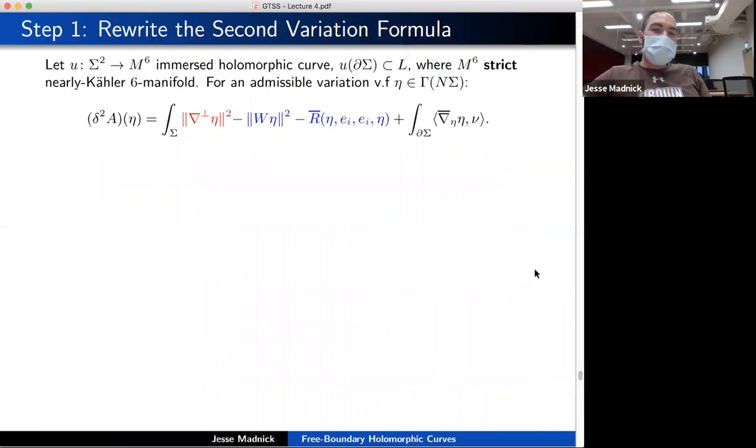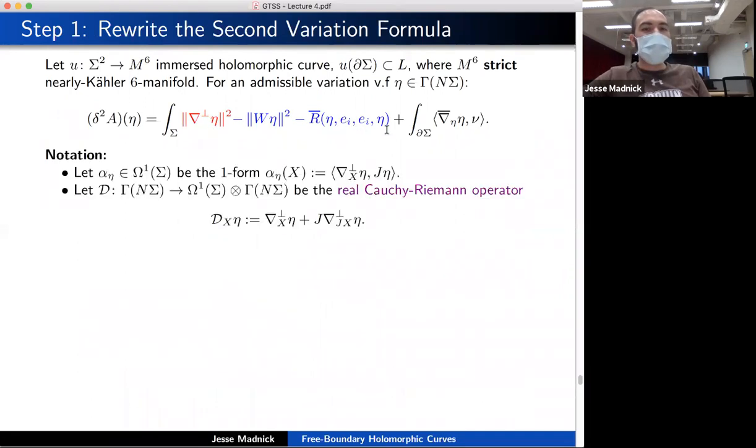Okay, but how would you prove such a thing? You basically follow the 3 steps that I indicated. This is also more or less how Chen and Fraser's proof goes as well. So you look at the second variation of area formula, right? And you have kind of this differential operator term, and then you have these 0th order terms here. And the idea is to rewrite everything in terms of the real Cauchy-Riemann operator.